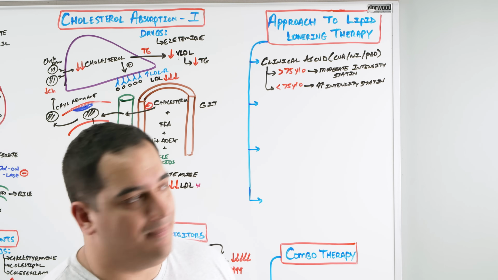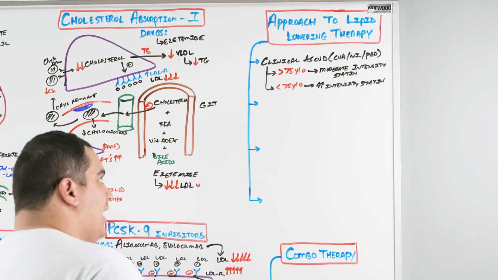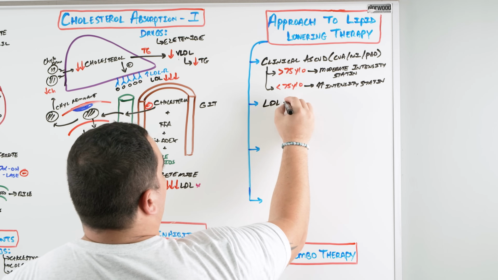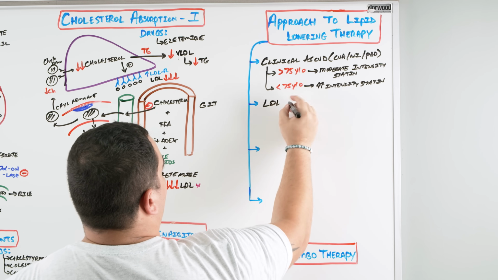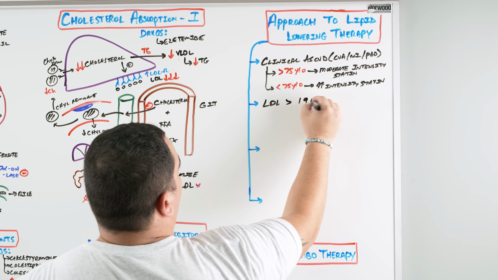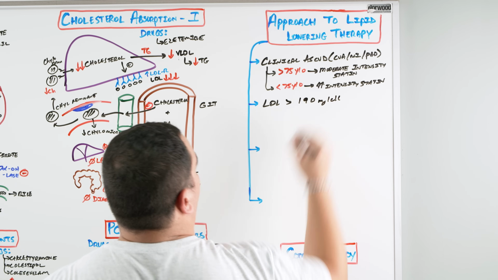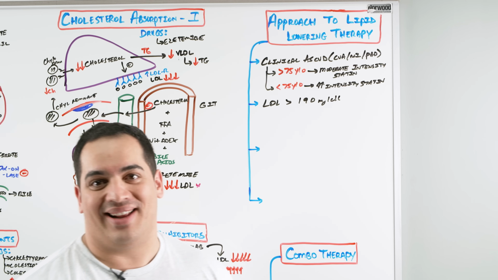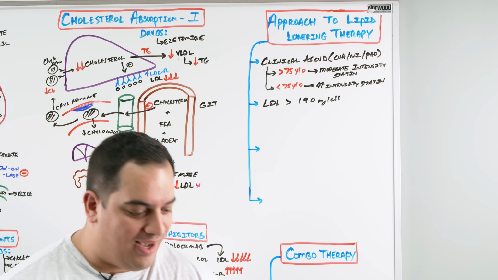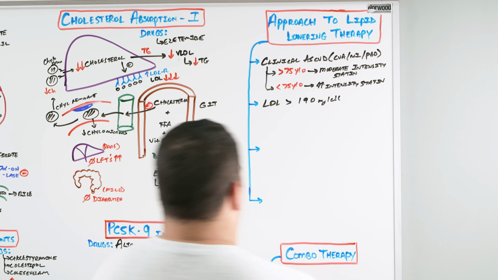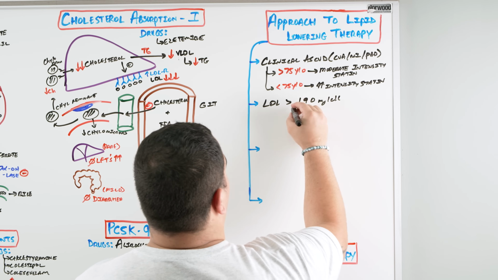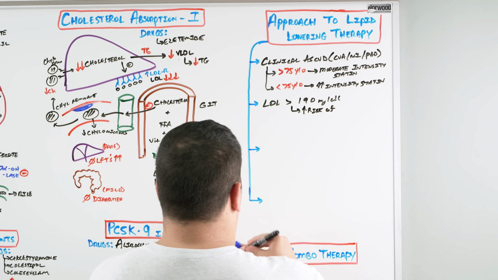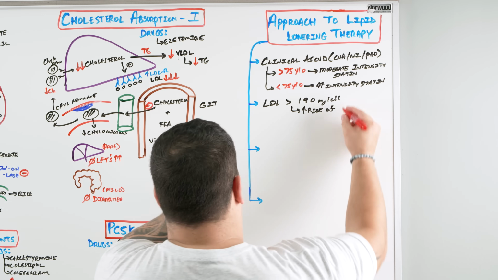of atorvastatin. Okay. The next situation here is if the patient has a whopping LDL that is greater than, my gosh, I could imagine this, greater than 190 milligrams per dL. If that LDL is that high, you have a very high risk of atherosclerotic cardiovascular disease and many other complications here.